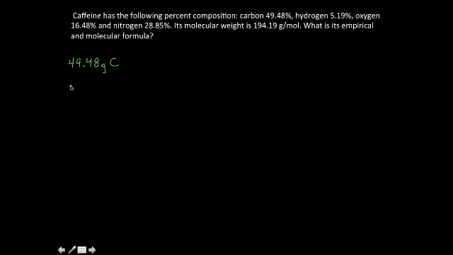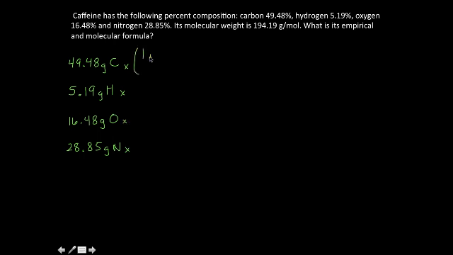I can look at my hydrogen and do the same thing, 5.19 grams of hydrogen. I can look at my oxygen and I've got 16.48 grams of oxygen. And I can look at my nitrogen and I've got 28.85 grams of nitrogen.